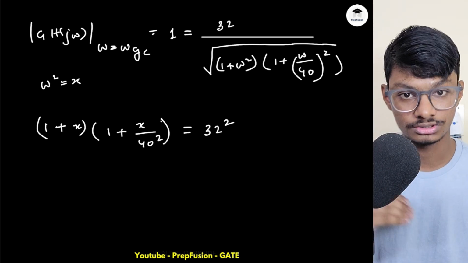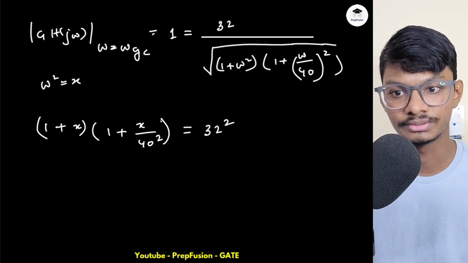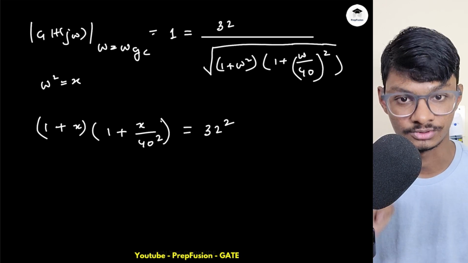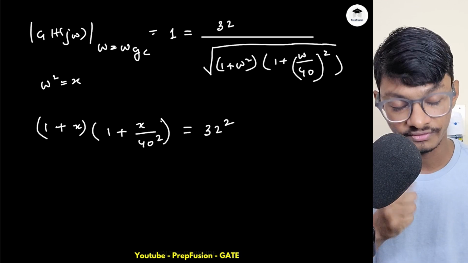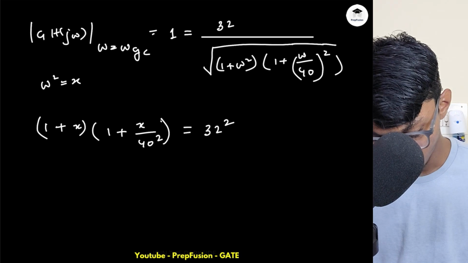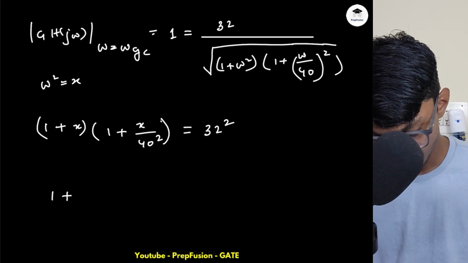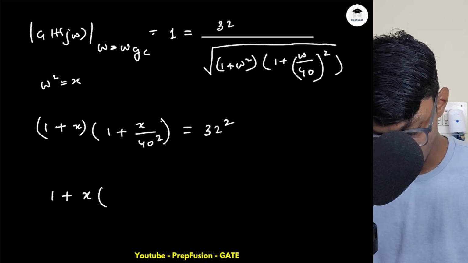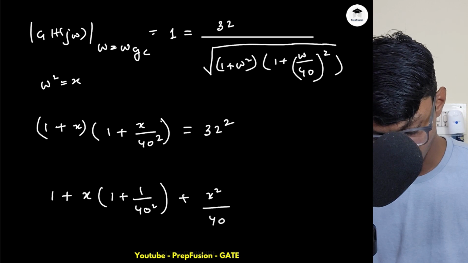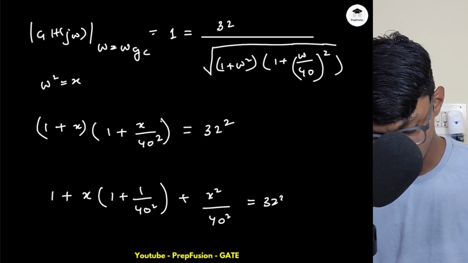It is very important because if this question comes from GATE or some other written exam, you have to solve this as quickly as possible, with minimum error. So what you do, you write this as 1 plus x into 1 plus 1 by 40 square plus x square by 40 square equals to 32 square.